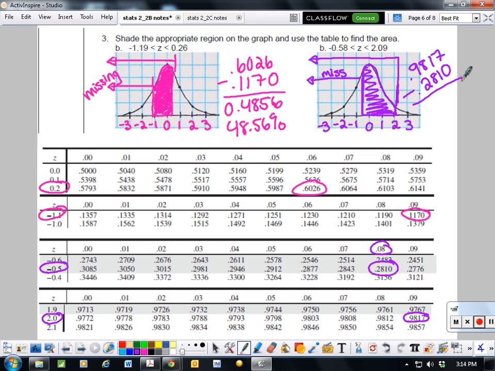They'll say, I have no idea where this is coming from. They just pulled some numbers out of who knows where, and I can't give them any partial credit. So always take time to show your work so you can get some partial credit. So this is about 70.07% of our scores, or a 70.07% chance of getting a score in that range.